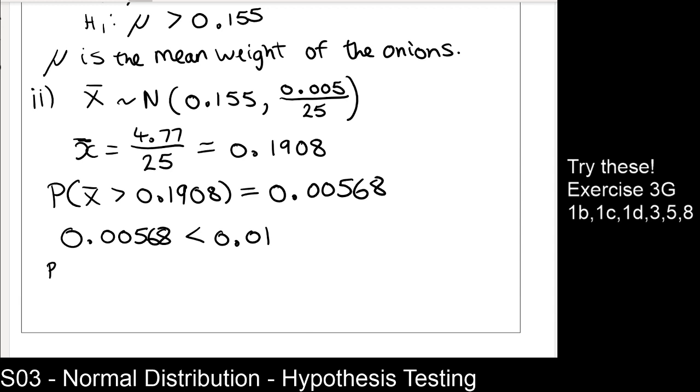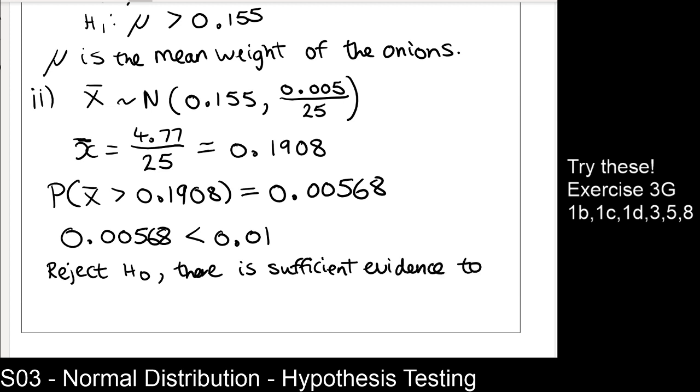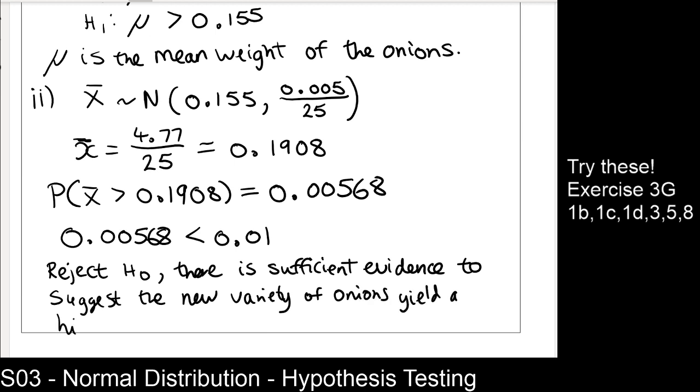And then we're just going to state that because that's so insignificant, such a low probability, we'd say reject H0 and would say there is sufficient evidence to suggest the new variety of onions yields a higher mean weight.